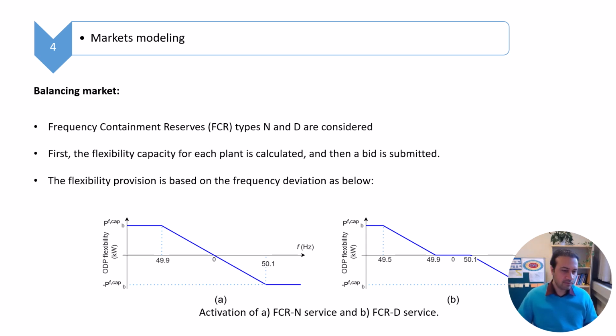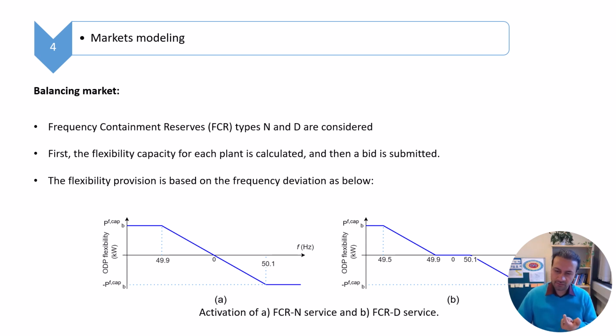When we talk about FCRN, it means that our platform is going to react to any deviation in the frequency in the system. So you can see here on the left side that when the frequency deviates on both sides, we activate our flexibility in a proportional way. But on FCRD, we have a dead band.